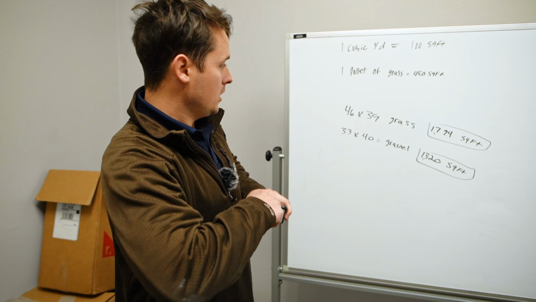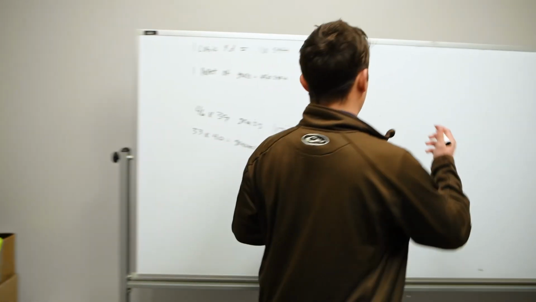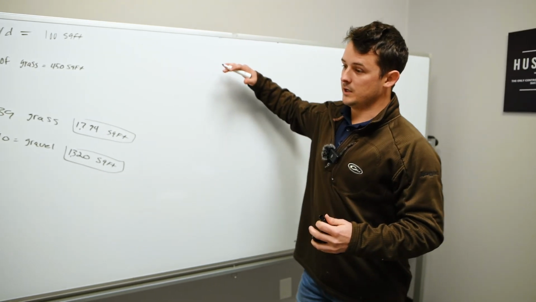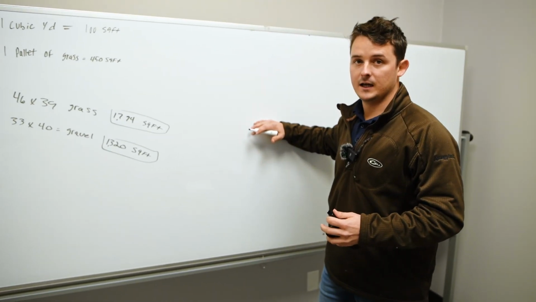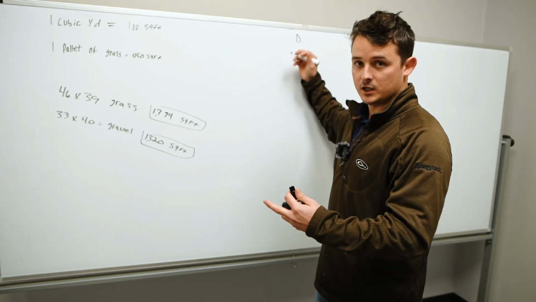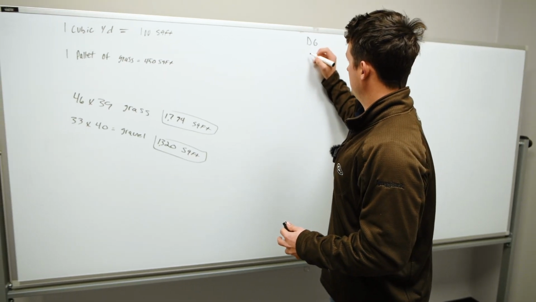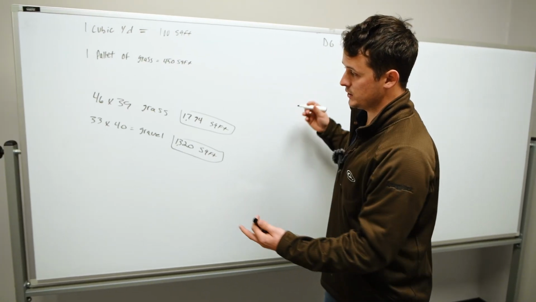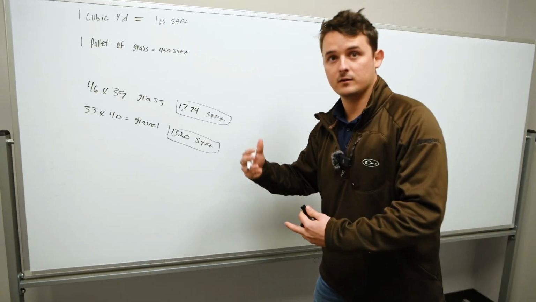Whenever I do an estimate, I always try to create an estimate to be very clean, and I'll show you an example here shortly. I'm gonna write DG, decomposed granite, here. I'm gonna write soil, so we use enriched soil for our grass. We're gonna need that for prepping the grass.